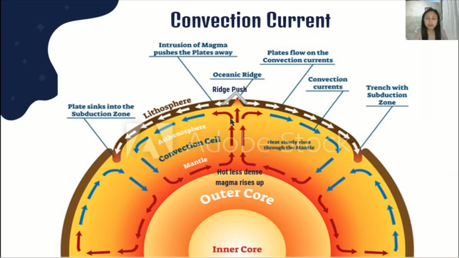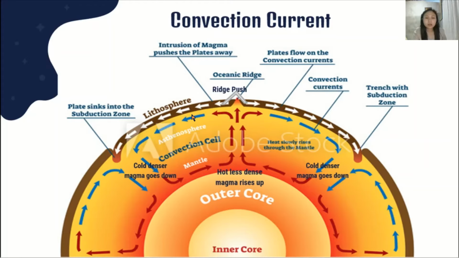Now when the magma reaches the top, it becomes cooler because it is far from the core. Remember that the crust has the lowest temperature of all the layers of the earth. So when the magma reaches the upper part of the mantle, it will lose energy and heat.